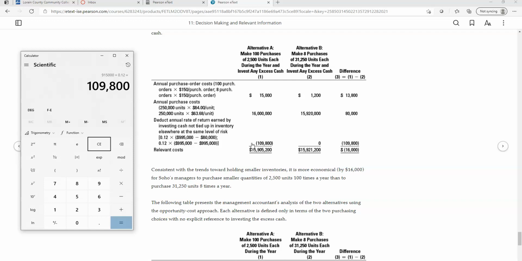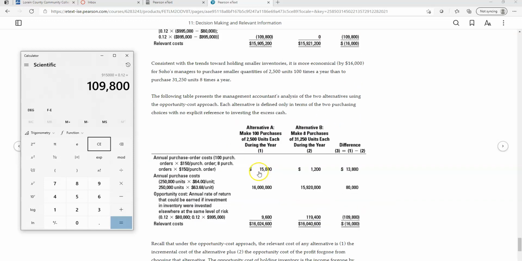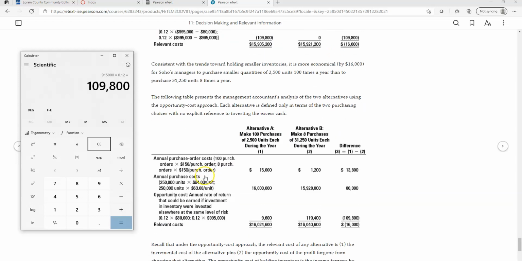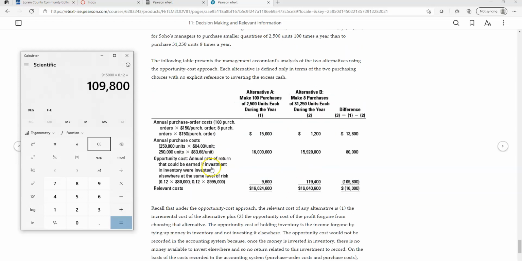I can invest that at 12% and earn more than what I'd be saving if I chose alternative B. And this is just another panel of how we're saving $16,000 by making smaller, more frequent purchases.